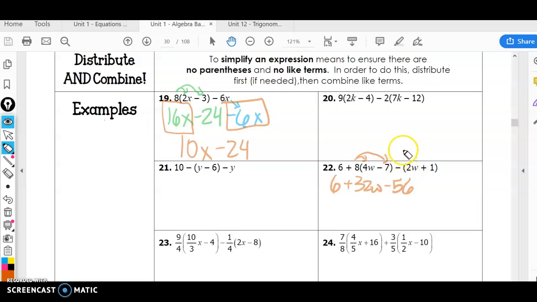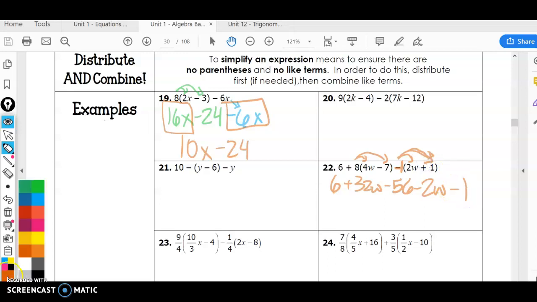Remember from the first page, if there's no number in front of those parentheses, assume it's a 1. That means we're going to have to distribute not just a 1, but because there's a minus sign in front, we're going to distribute a negative 1. Negative 1 times 2w is negative 2w, and then a negative 1 times a positive 1 here is a negative 1.